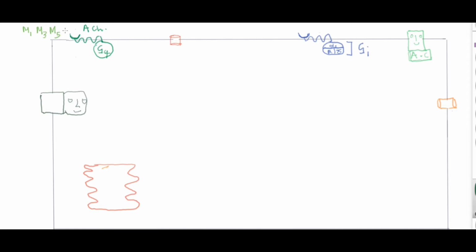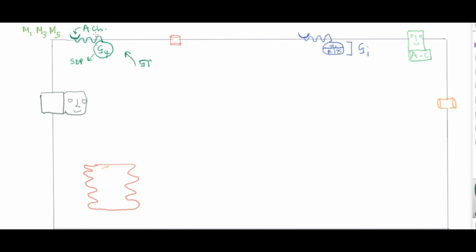Here is what happens. Originally, this Gq will be bound to GDP. But when the neurotransmitter acetylcholine attaches to this, it will drop off the GDP and pick up another molecule called GTP.